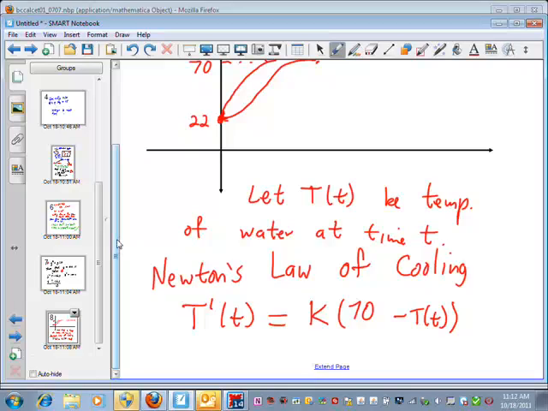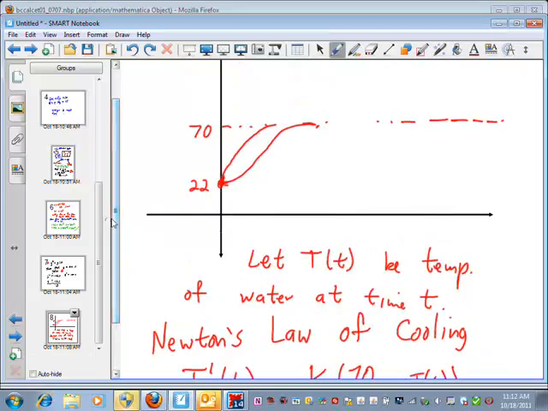So that you know where you are. The rate at which the temperature is changing depends upon how close you are to 70 degrees. The closer you are to 70 degrees, should you be changing that much? No, you shouldn't. That's why it looks flat near 70 degrees. The farther you're away from 70 degrees, the more you should be increasing.